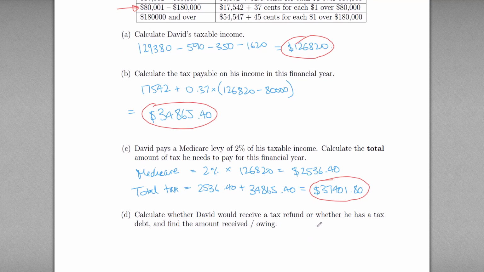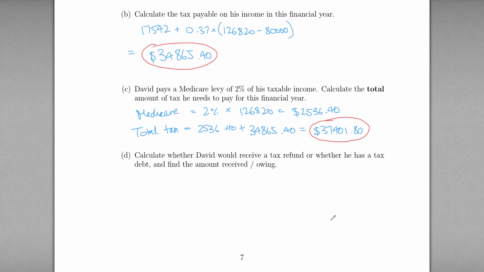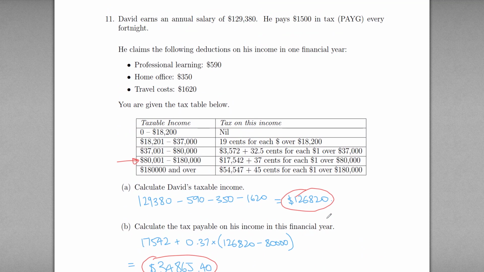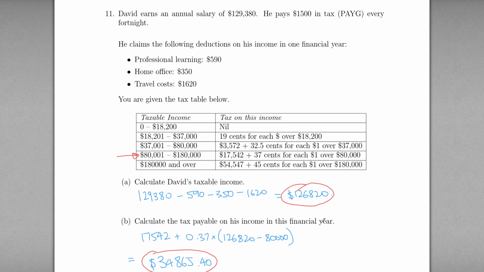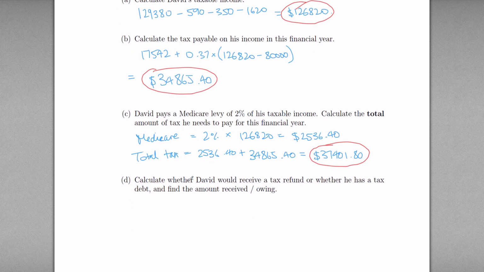Okay, calculate whether he would receive a tax refund or whether he's got a tax debt, and find the amount received or the amount owing. Okay, so the tax that he's paid is $1,500 every fortnight. Now there's 52 weeks in a year, which means that there's 26 fortnights, so it's half of 52.